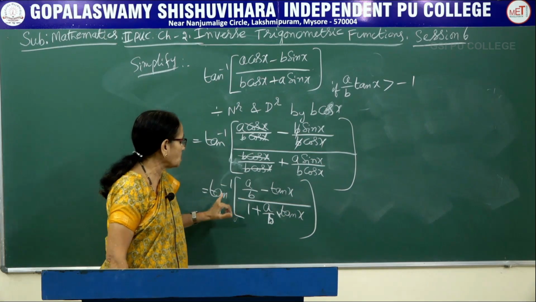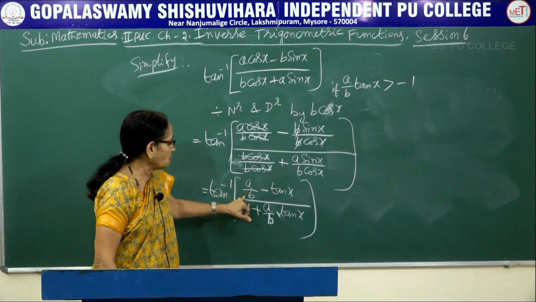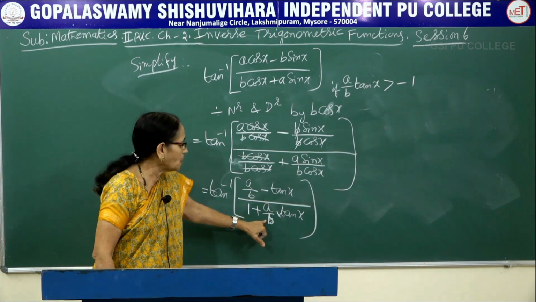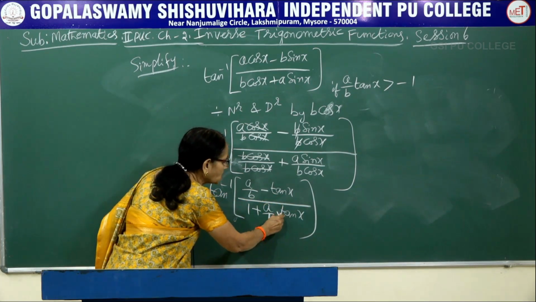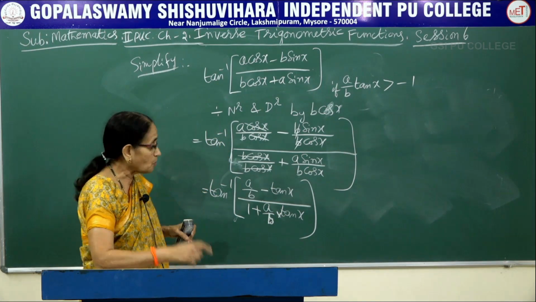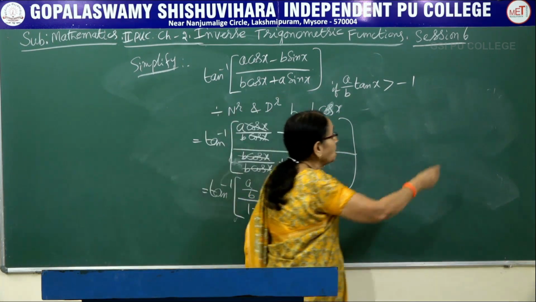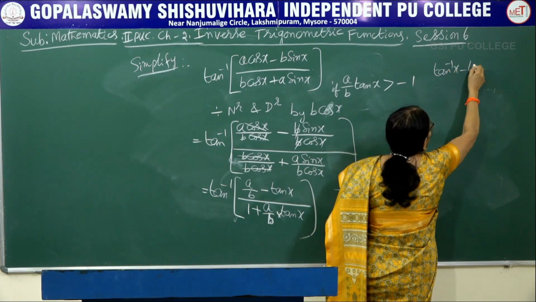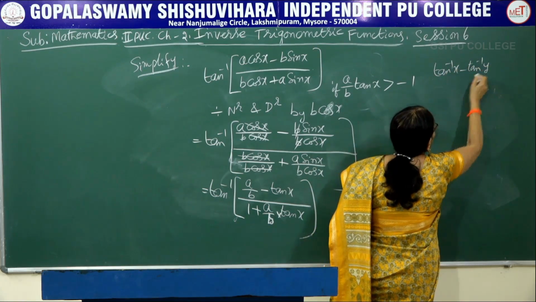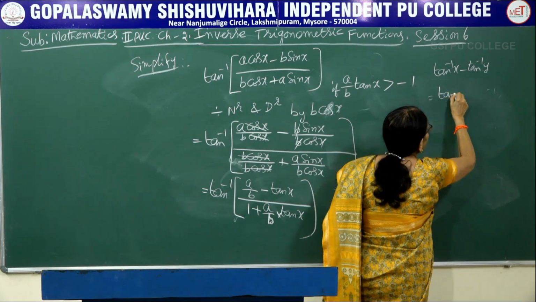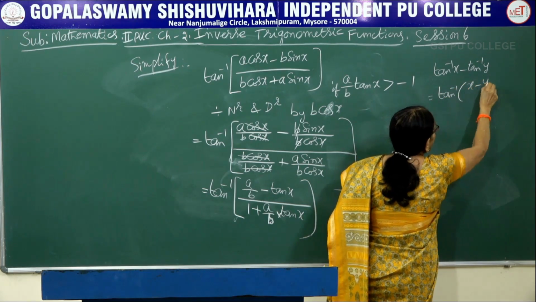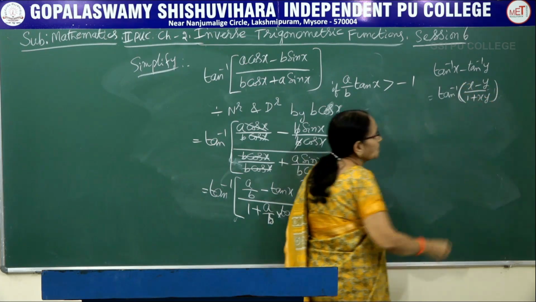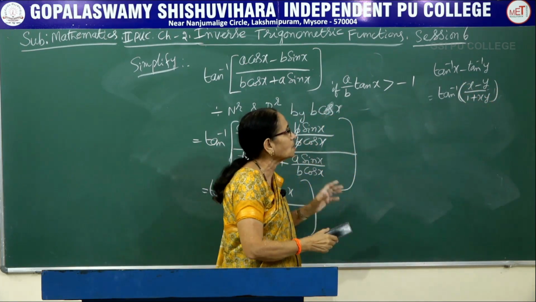Now look at this one: tan inverse of a by b minus tan x divided by 1 plus a by b into tan x. Now in the fourth property, we have proved this result. Tan inverse x minus tan inverse y is equal to tan inverse of x minus y over 1 plus xy. Of course, xy is strictly greater than minus 1 under that condition.